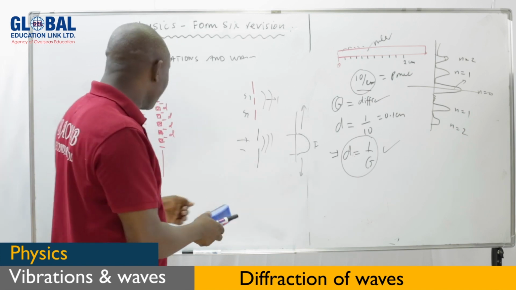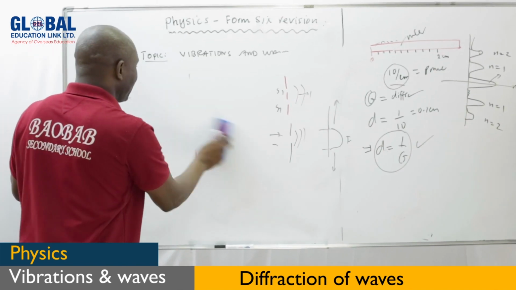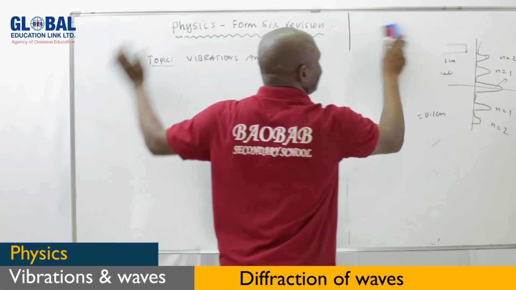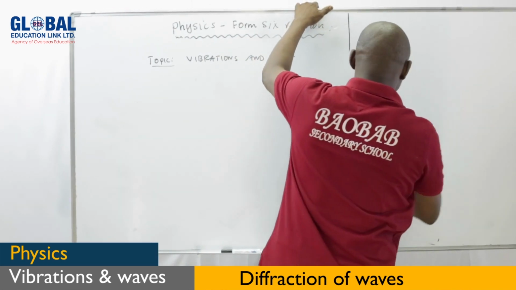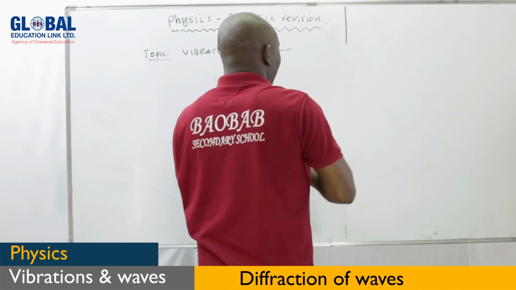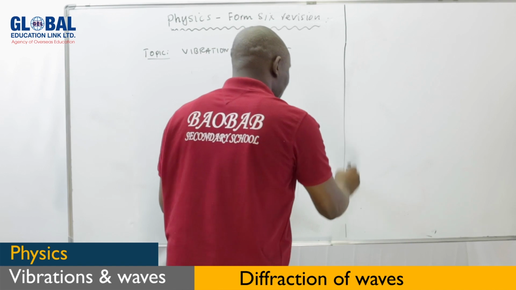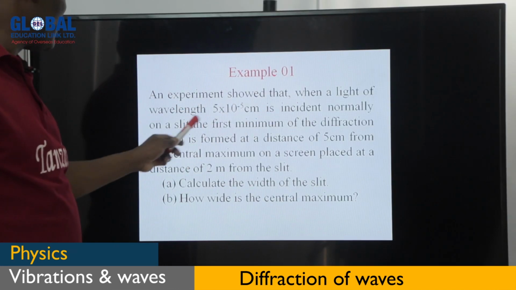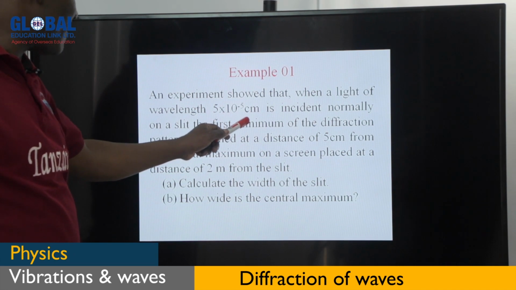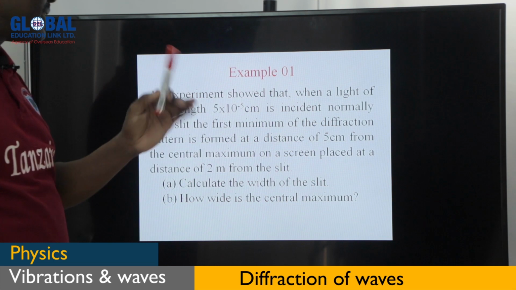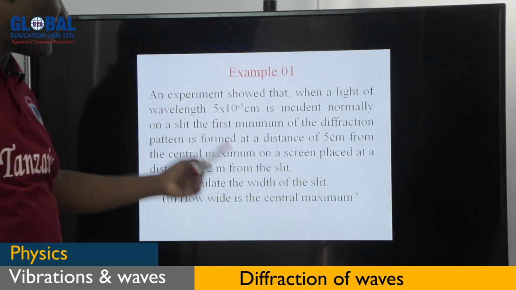Now, let's turn our attention to example number 1. The question is, an experiment showed that when a wavelength of 5 times 10 negative 5 centimeter is incident normally on a slit, the first minimum of diffraction is formed.